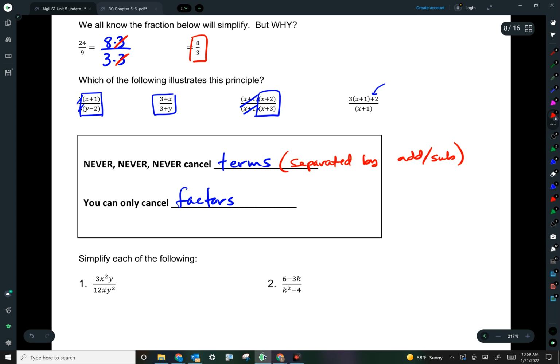But factors are being multiplied. They're actually terms that are being multiplied. So if they're being multiplied, it's okay to cancel. But if they're separated by addition and subtraction, it's not okay to cancel.